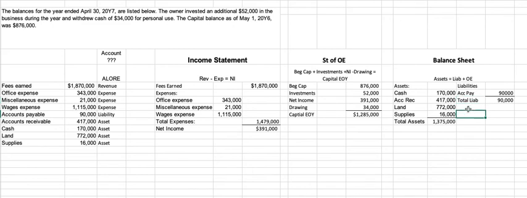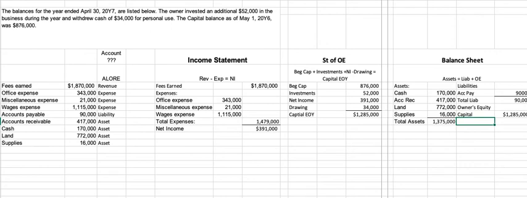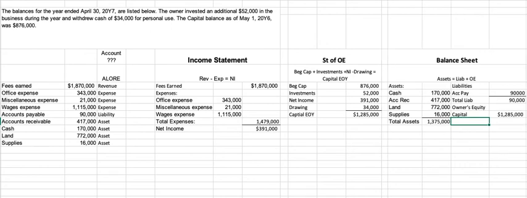And owner's equity. And owner's equity is capital, end of the year, which is $1,200,000. And let's see if I can make things fit on the screen.